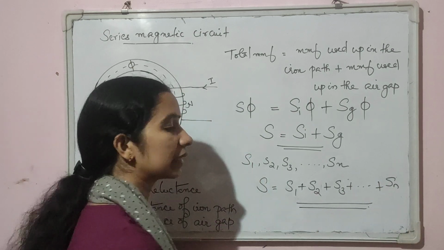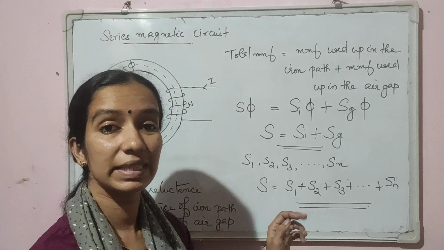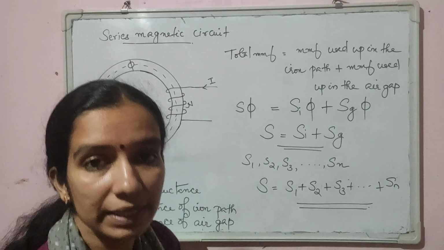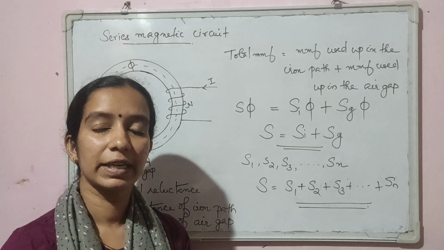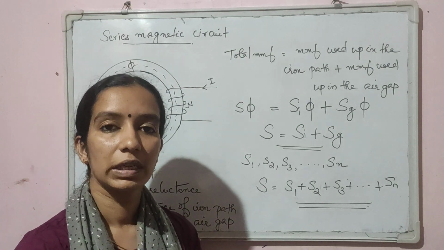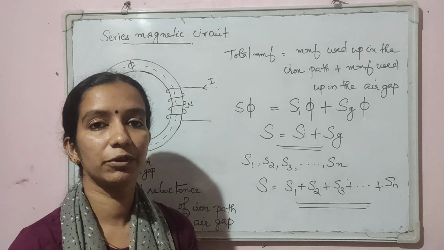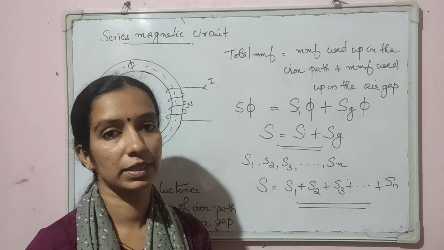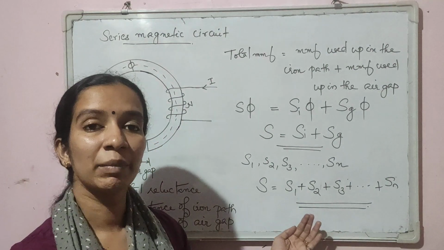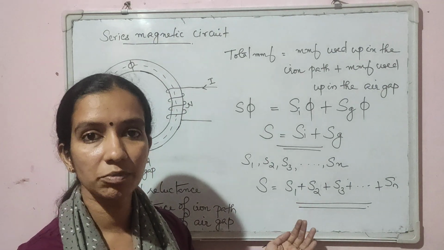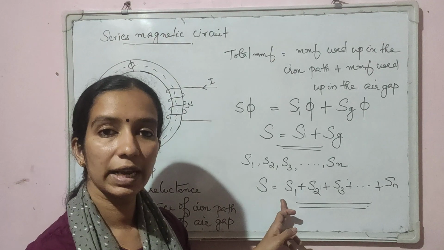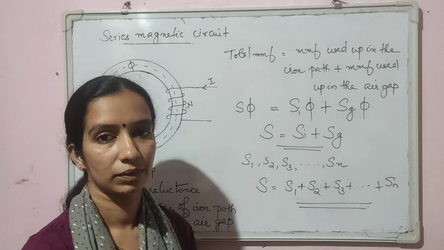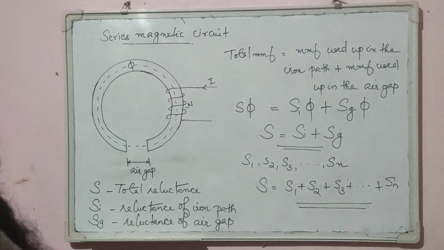This is how we can calculate reluctance in a series magnetic circuit, like resistance in a series electric circuit. In a series electric circuit, the equivalent resistance is the sum of the individual resistances. Similarly, in a series magnetic circuit, the total reluctance is equal to the sum of the individual reluctances. So that is all about a series magnetic circuit.